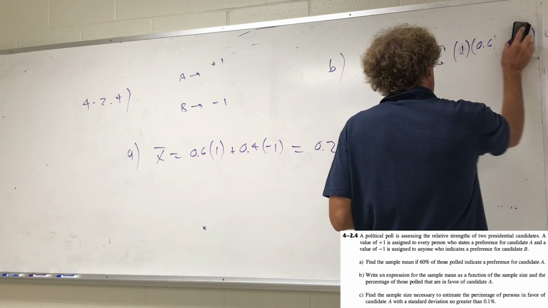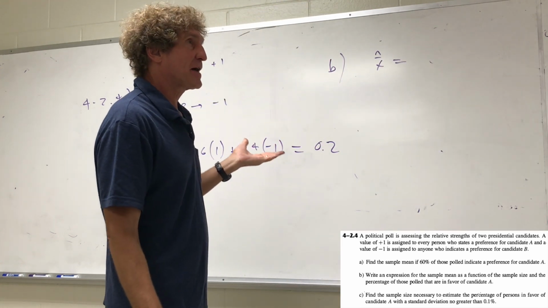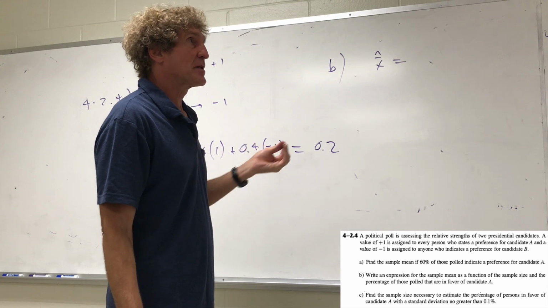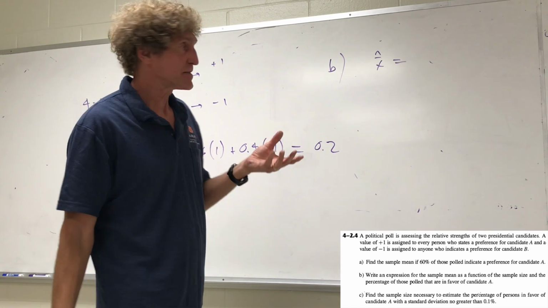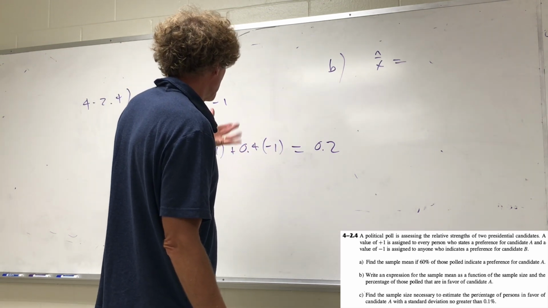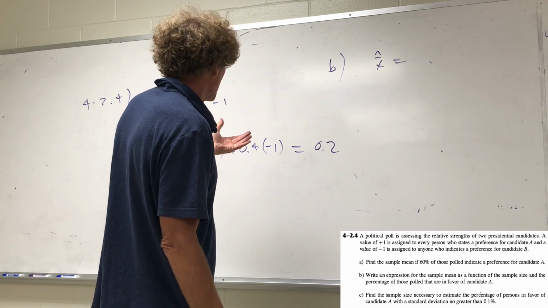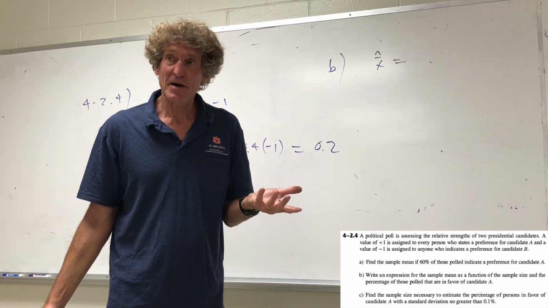Hold on for a second. If he wants that mean value, every sample has the same possibility of either value. It has a 60% chance of being A and a 40% chance of being B. So for each sample you select, the average value is 0.2, on average, right?